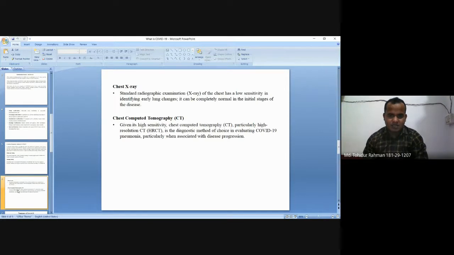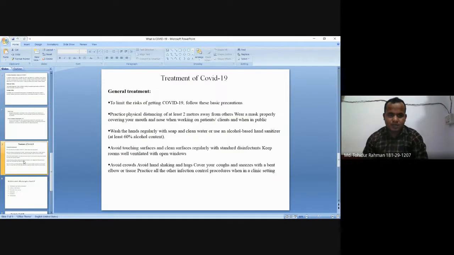Chest computed tomography, given its high sensitivity, particularly high-resolution CT, is the diagnostic method of choice in evaluating COVID-19 pneumonia, particularly when associated with disease progression. Then I want to talk about the treatment of COVID-19.